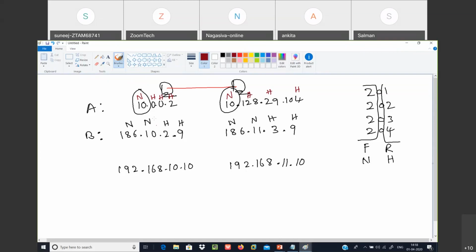The first computer is 186.10, the 10th network position. The neighbor PC is 186.11, the 11th network position. Now both are in the same network or a different network, guys? Now both computers are in different networks, right? So will they communicate? PC1 is saying you are in a different network portion, I am in a different network portion, so how can we communicate, right?